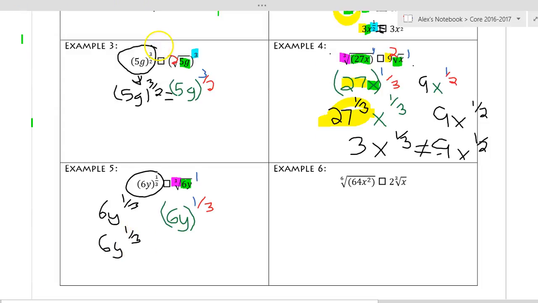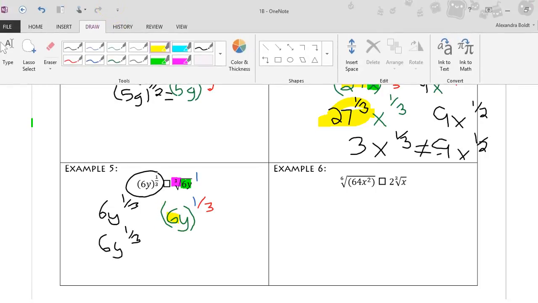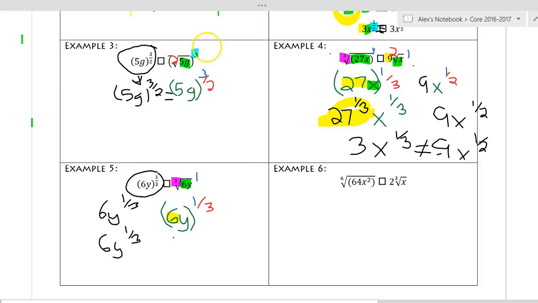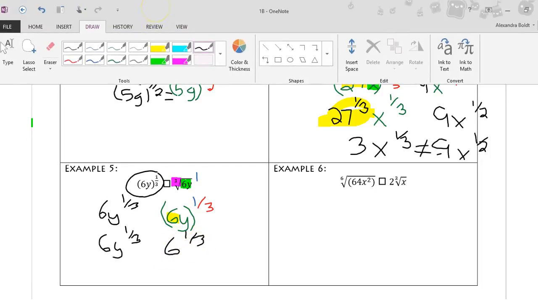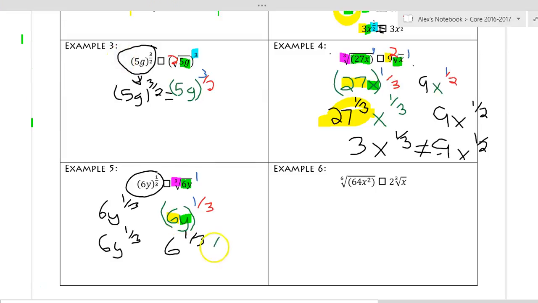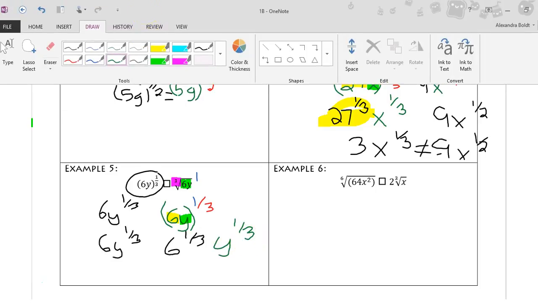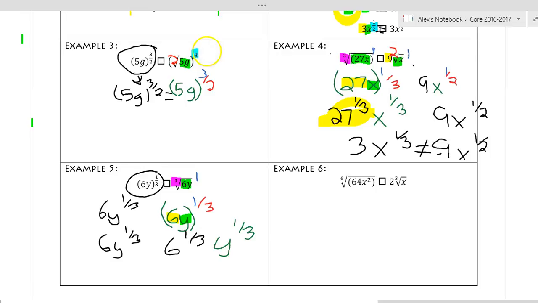The right side, now I have to raise that 6 to the 1/3. And I have to raise that y to the 1/3. I have to distribute that 1/3 to both of those. So 6y to the 1/3 on the left side.